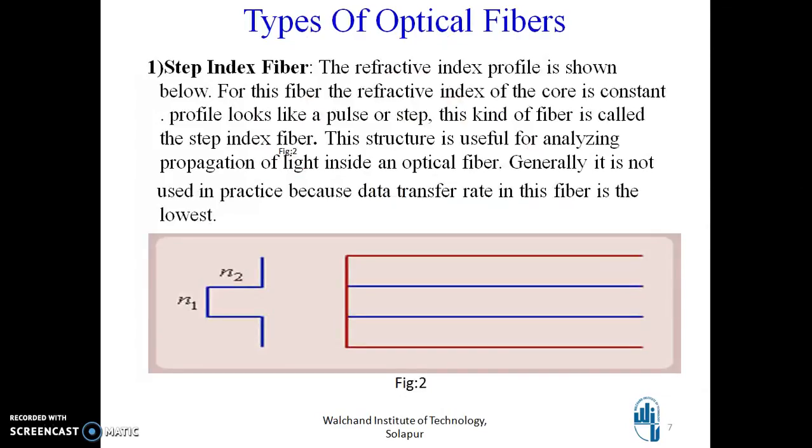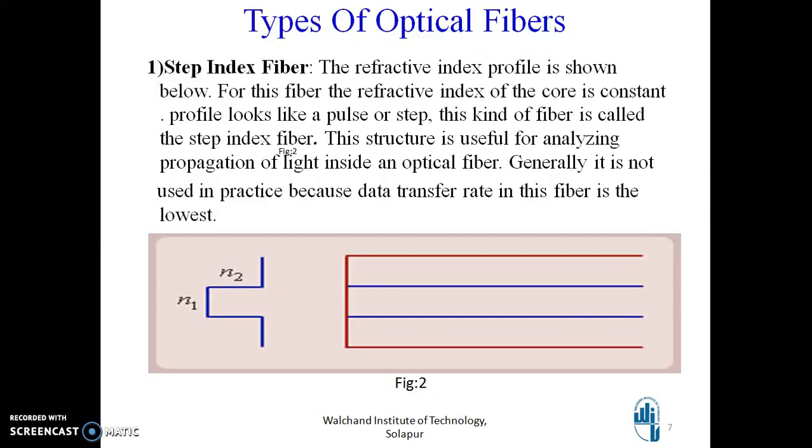Now let us look at the different types of optical fibers. Basically there are two types of optical fibers. The first one is the step index fiber, and the second one is the graded index fiber. These fibers have been classified on the basis of refractive indices. Here in the step index fiber, let us look at the refractive index profile.